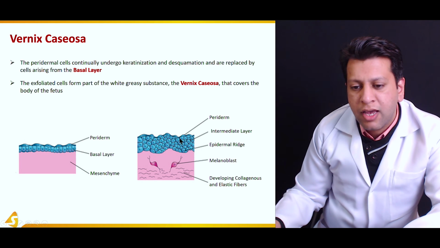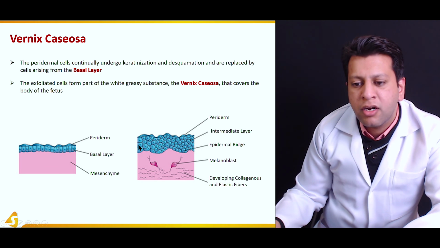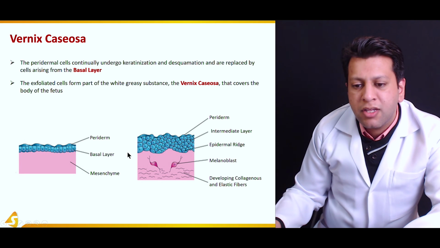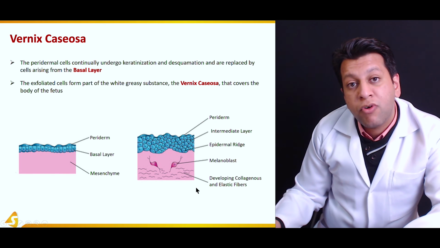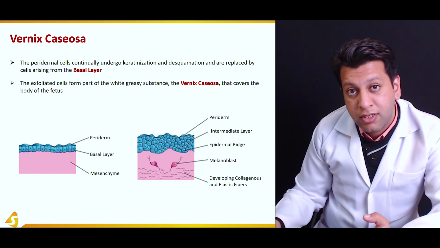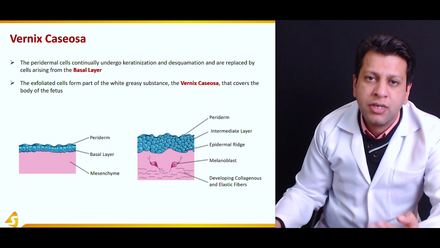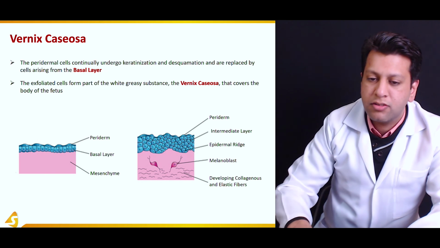As the epidermis divides, an intermediate layer forms, and the outermost layer is the periderm. At the junction of epidermis and dermis, melanoblasts have started to form, which will later form the melanocytes, and I will be discussing how these melanoblasts form melanocytes in the next sections.